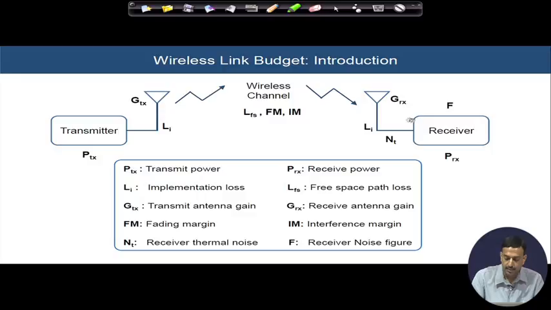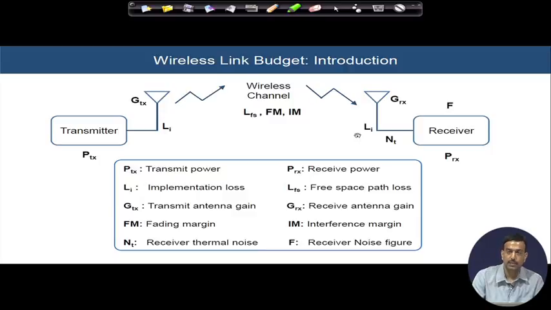At the receiver end, we have a receive antenna with a gain GRX. Again, we have implementation losses, and we have invariably what is called the thermal noise at the receiver, which again can be calculated based on an expression that we shall shortly see. We have the receiver noise figure, which will be defined, and we finally can obtain the received power by adding all the gains to the transmit power and subtracting the losses.